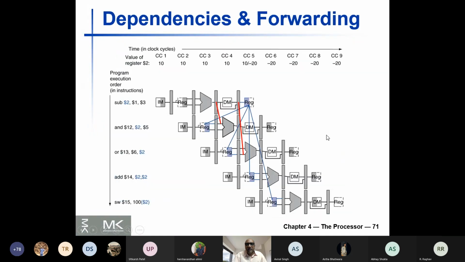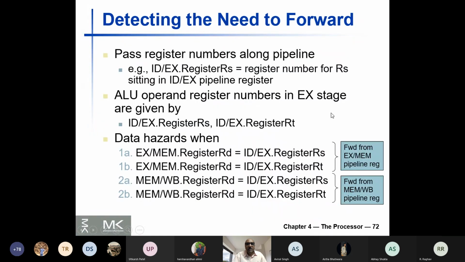Now, how do we check that? For checking, we are using a convention for the register names. We know that arithmetic instructions contain three registers, RS, RT and RD, where RS and RT are the source operands and RD is the destination operand, that is, where the result has to be placed. To perform the arithmetic operation in execution, the register operands are either RS or RT.